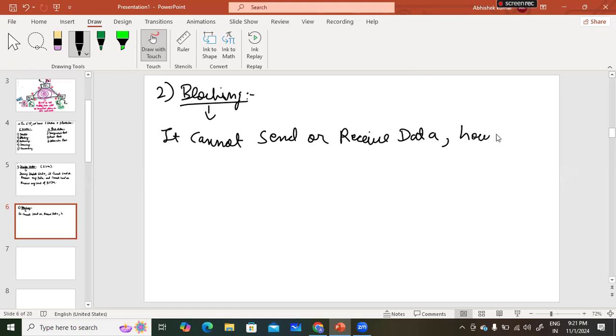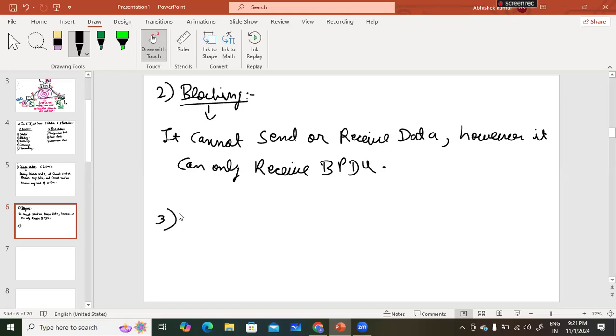However, it can only receive BPDUs during this state. Only it can receive the BPDUs, but not any data. And it means in the blocking state, my elections have been started. Make sure of this.